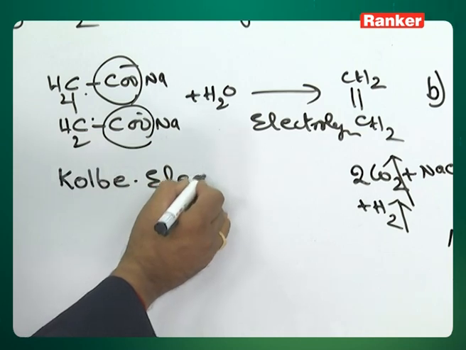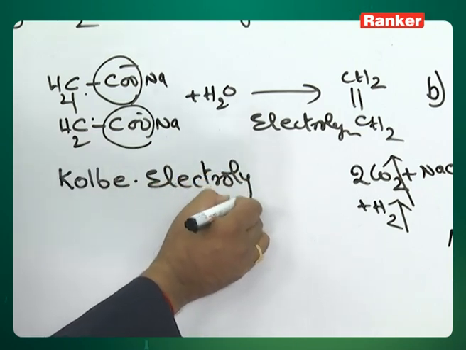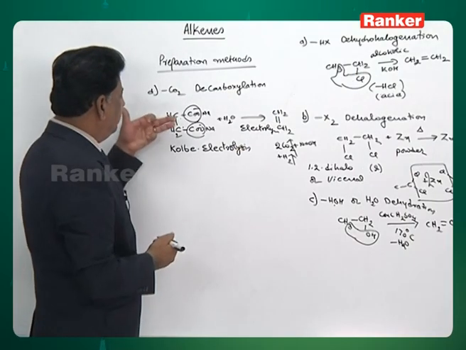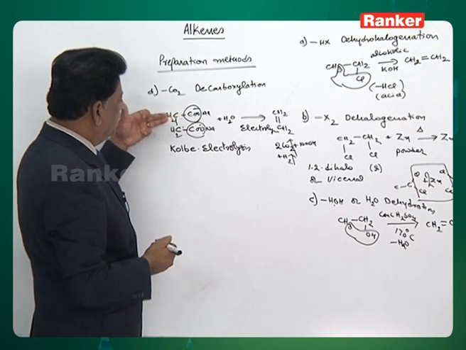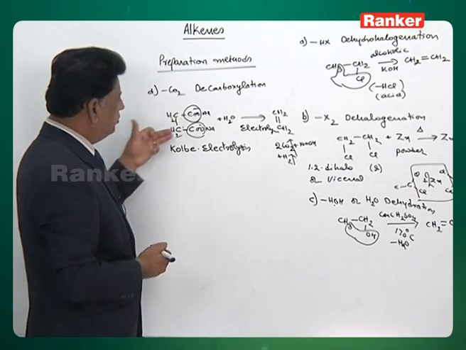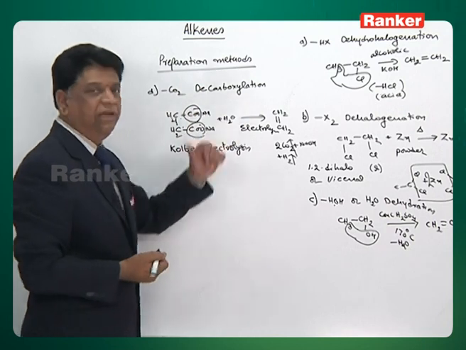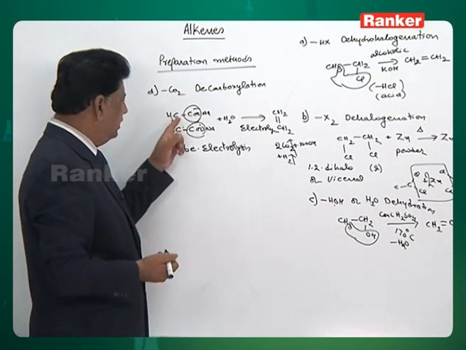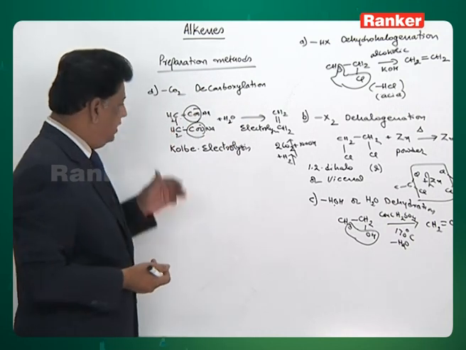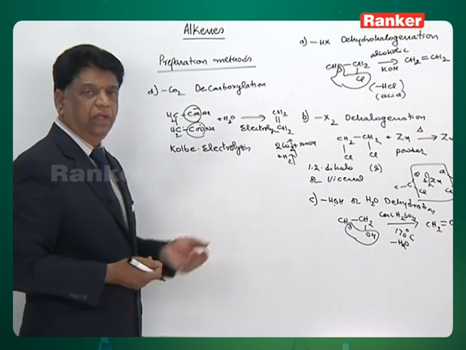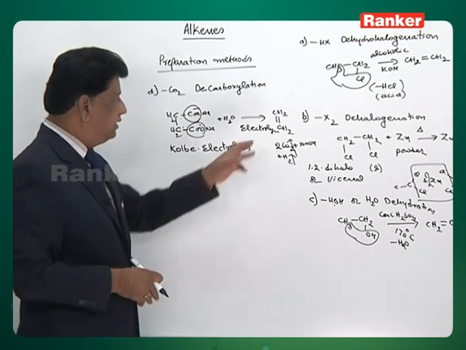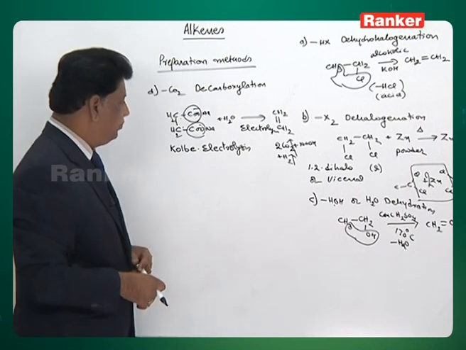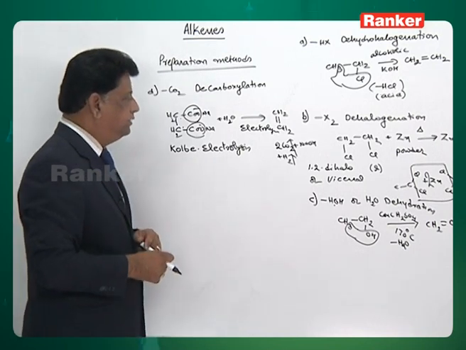It is the same reaction, only there the units were separate, that is sodium acetate, two were joined, and ethane formed. Now, a single bond is already there, and here a double bond is formed. If a double bond can form, definitely the method is extendable to the preparation of triple bonds even. The same method we will see in the preparation of alkynes.